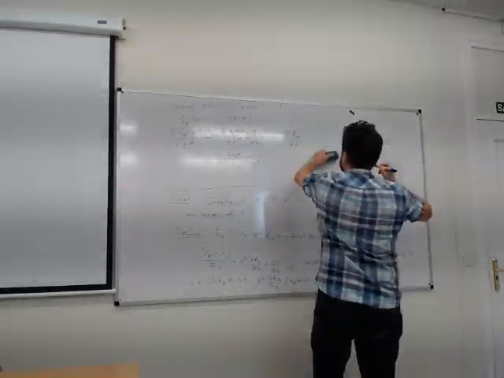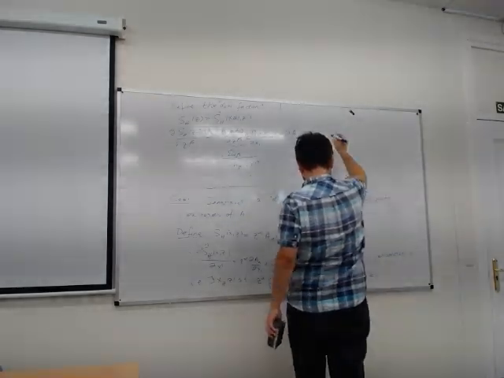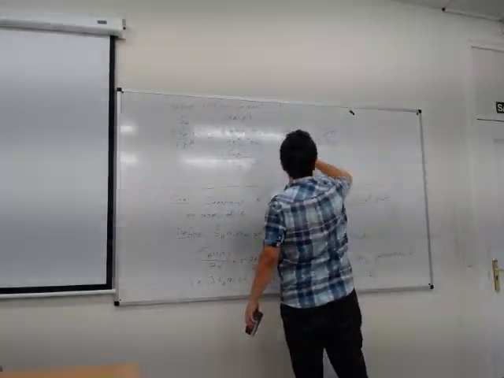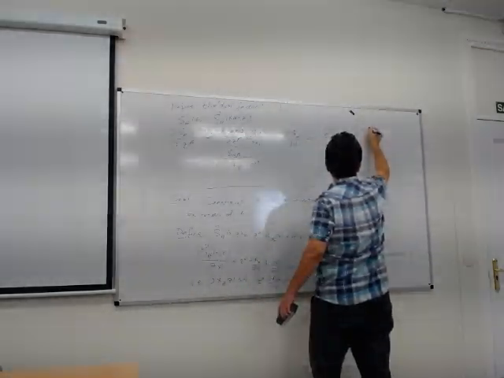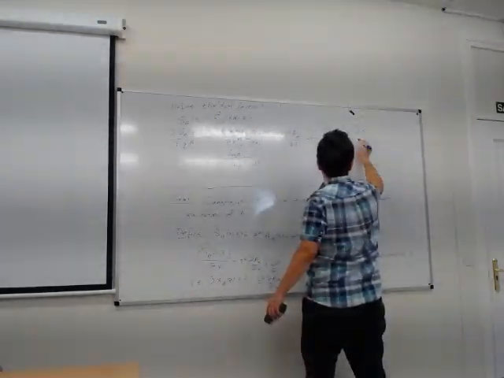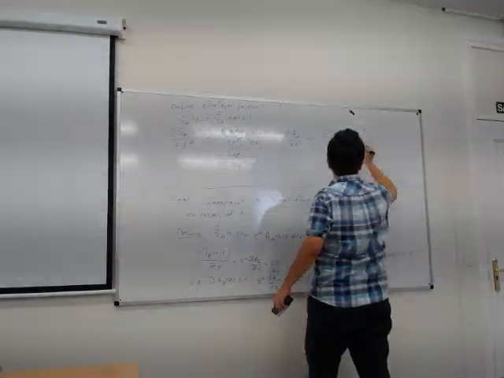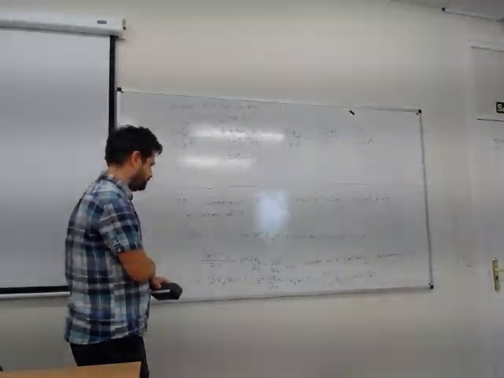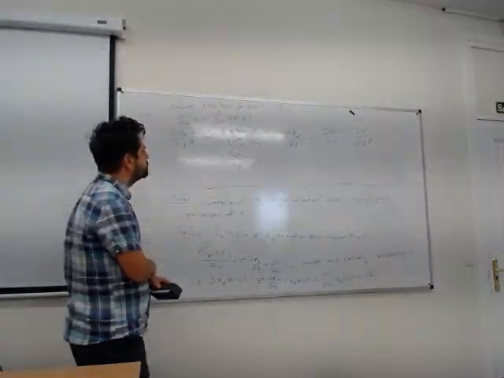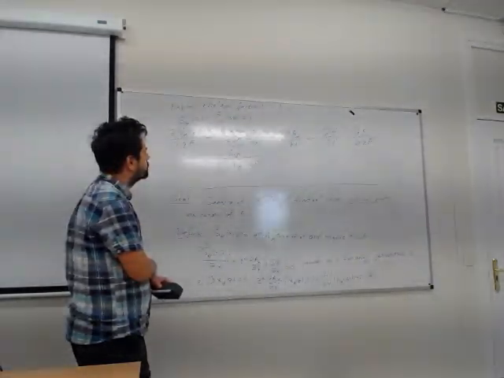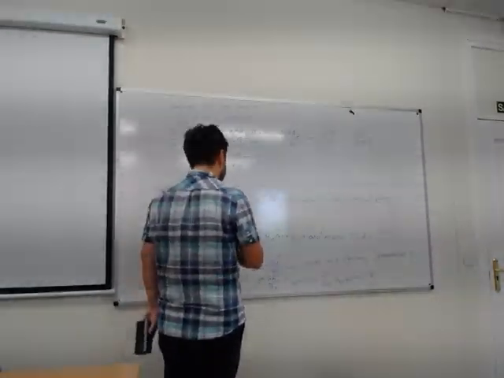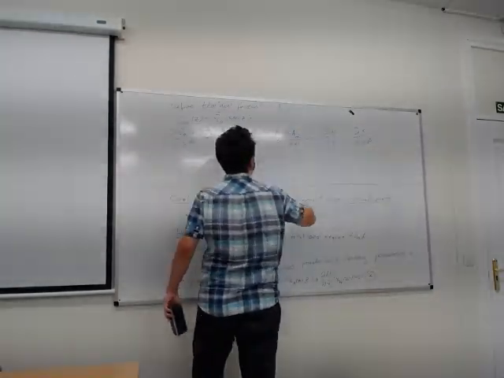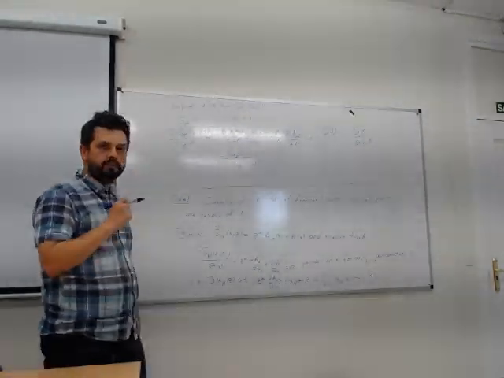Let me do it like this because it's easier when you see it. And then there is also this z_alpha here.